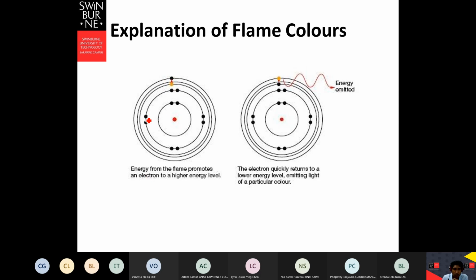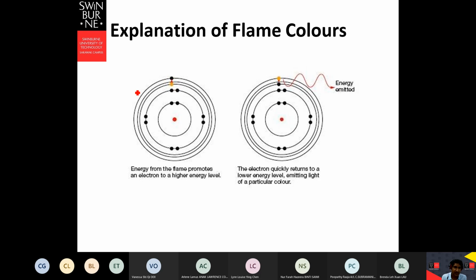And then when we are putting these atoms in the flame, flame is energy. It is hot, isn't it? The flame gives us heat in the form of energy, right? So heat is coming from the flame as an energy.